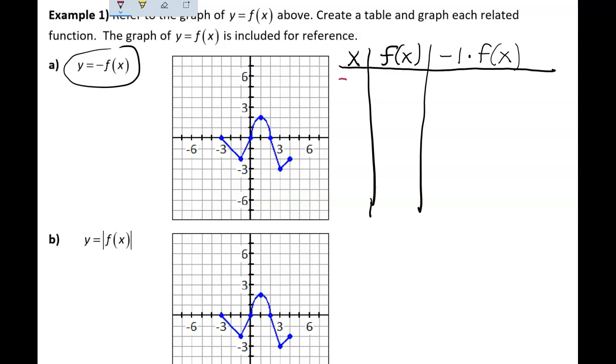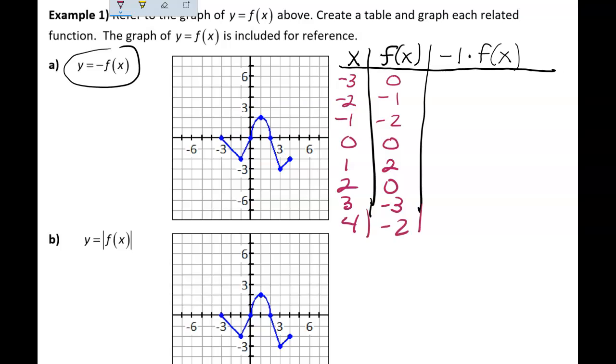So when x is -3, f of x is 0. For -2, f of x is -1. For -1, f of x is -2. For 0, y is 0. For 1, y is 2. For 2, y is 0. For 3, y is -3. And for 4, y is -2.